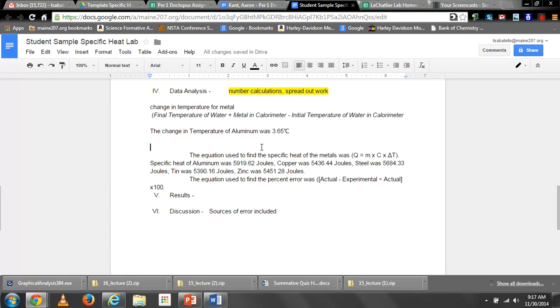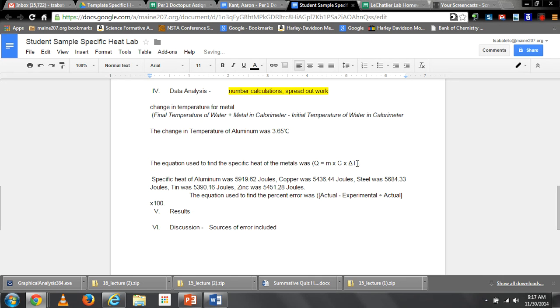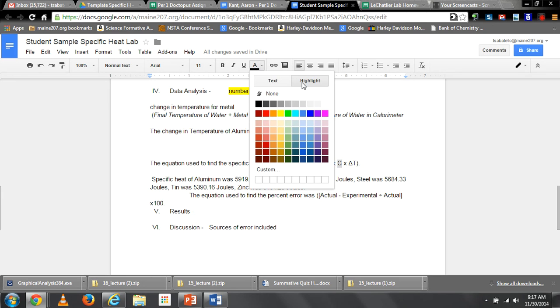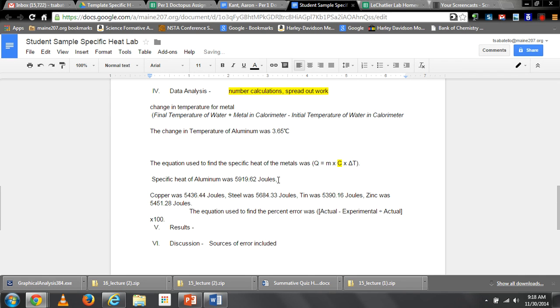In addition, down here they say the equation used to find the specific heat of the metals is this, and this is not the equation since C is what you need to solve for, so you need to show that algebra. If you look further down, the student has a value for joules, which is just heat and not specific heat.